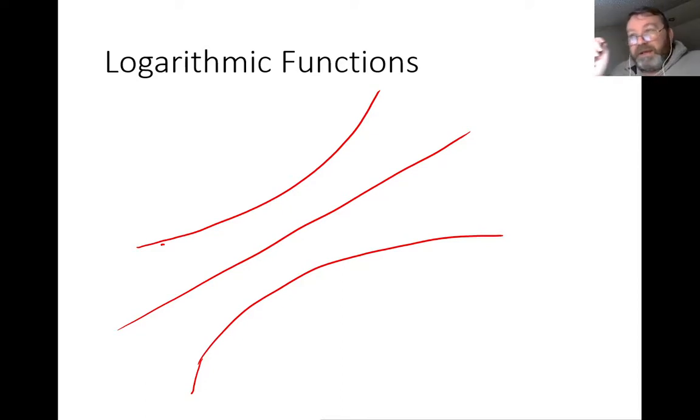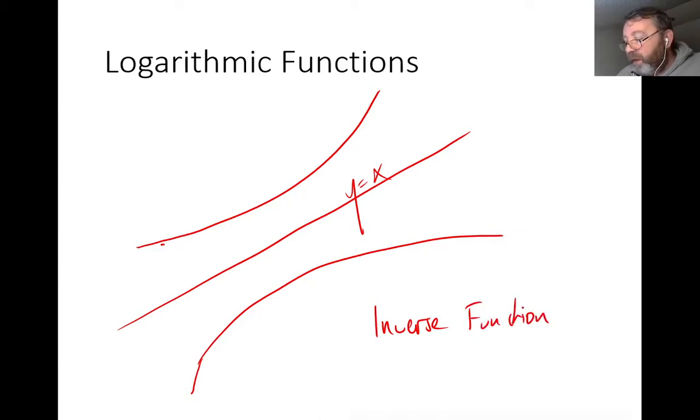If these two are symmetrical about the line y equals x, then we know from functions that graphs that are symmetrical around the line y equals x are what we call inverse functions of one another. And we'll deal more with inverse functions later on. But that is how we know when two functions are inverses of one another.